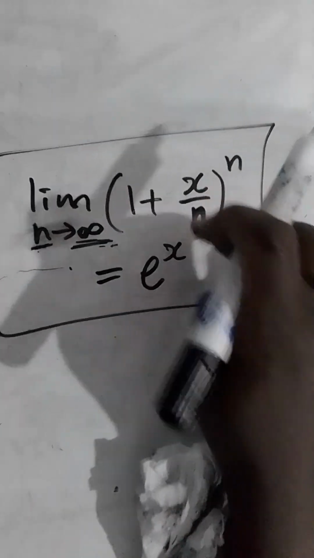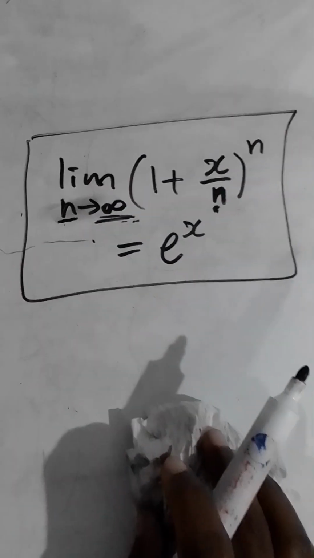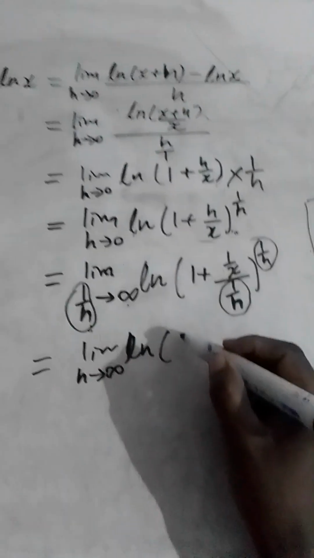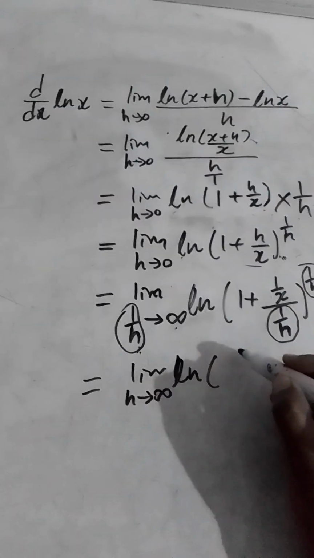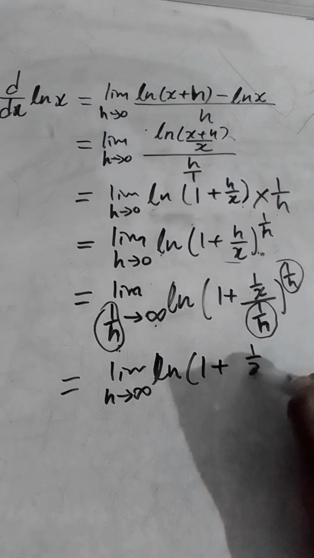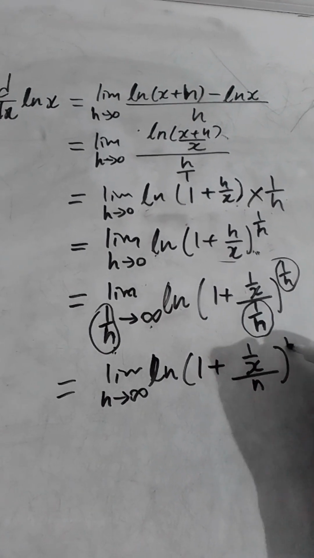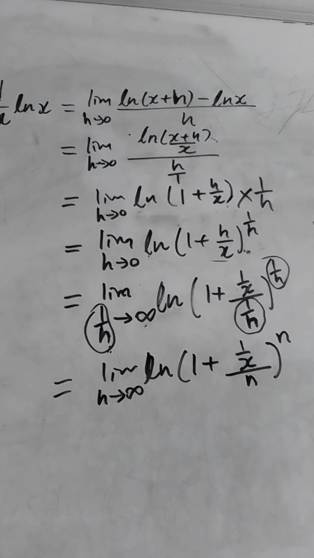If it is just e, it's because the x is equal to 1. My bad, sorry. Okay, so here, going back to the problem, we're going to then have 1 plus 1 over x over n to the exponent n, which is exactly the same as this result here.